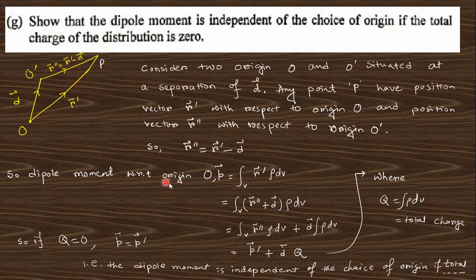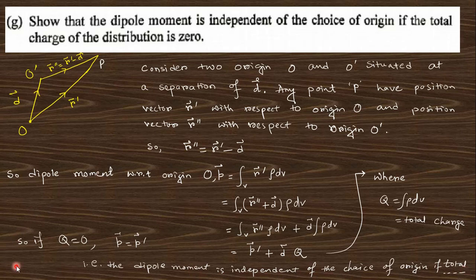The dipole moment with respect to this origin is P equals the integral of r prime rho dv. Put in the value of r prime and you get this, which is the dipole moment with respect to O prime, plus d times the total charge. If the total charge is 0, then P equals P prime, that is, the dipole moment is independent of the choice of origin.